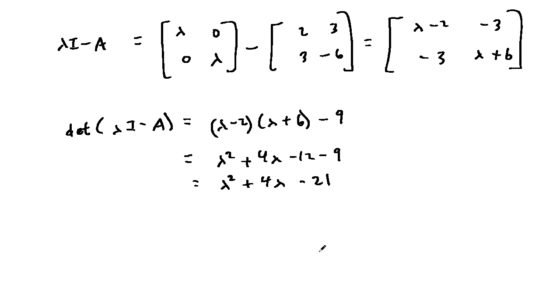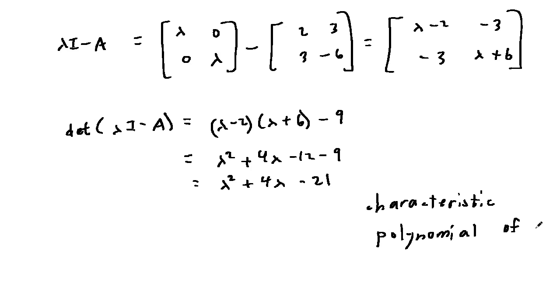Okay, the polynomial that you get by expanding the determinant of lambda I minus A is called the characteristic polynomial of A.